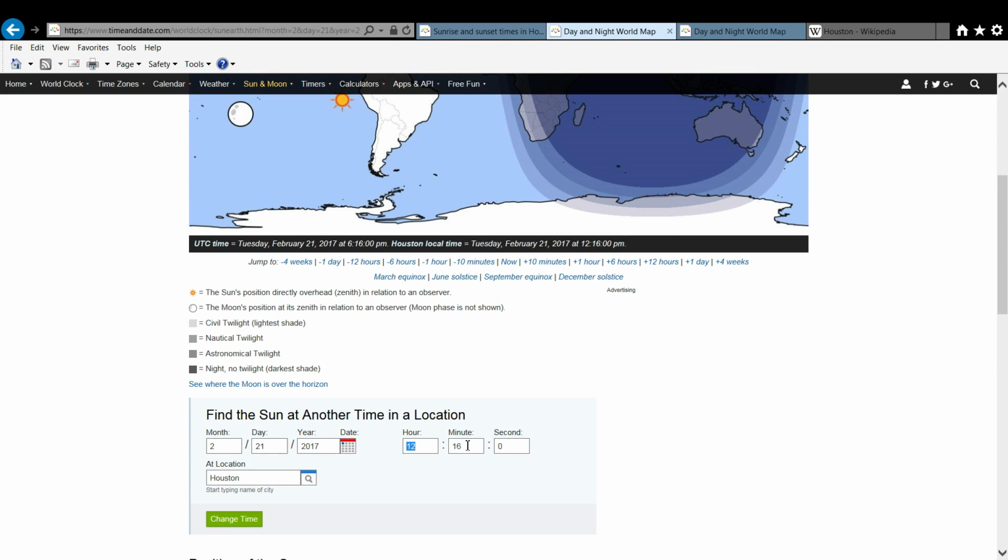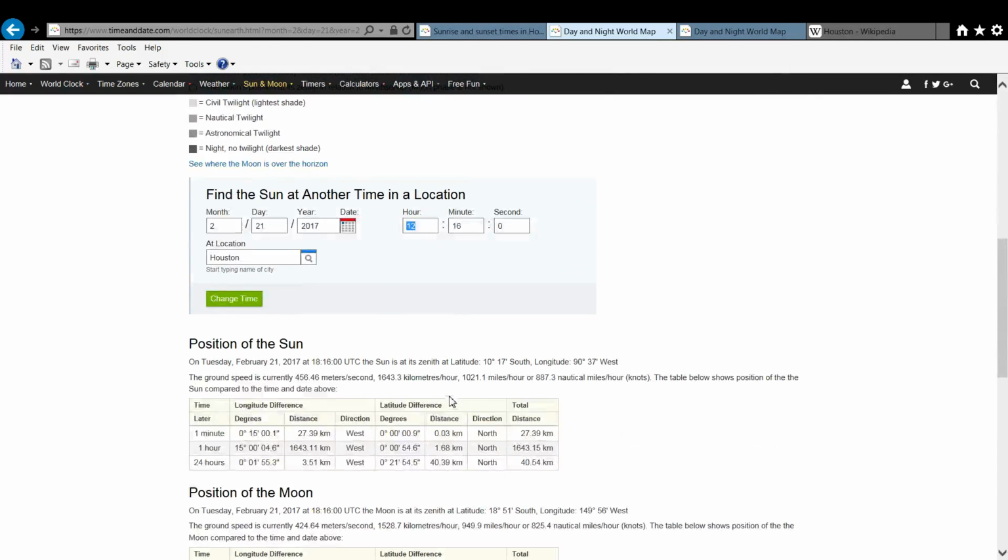So on 2/21, which is tomorrow, at 12 hours and 16 minutes, the sun is at its zenith, which means this is the point on the Earth that the sun is passing directly overhead: 10 degrees south latitude. Okay, so that's the track.